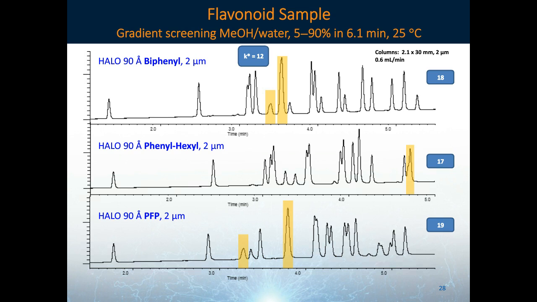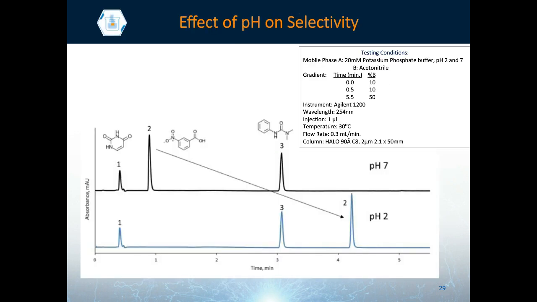So now I'd like to switch gears and talk about the effect of pH on selectivity. Here in the top chromatogram, we're showing what happens when a compound is ionized at a pH that is higher than its pKa.